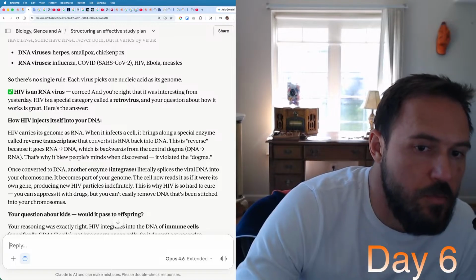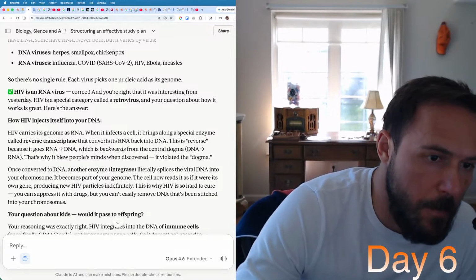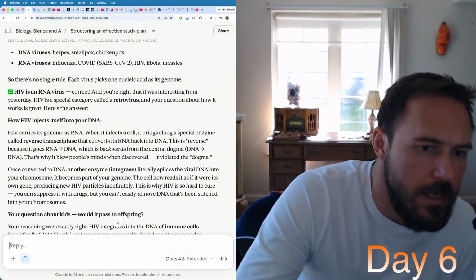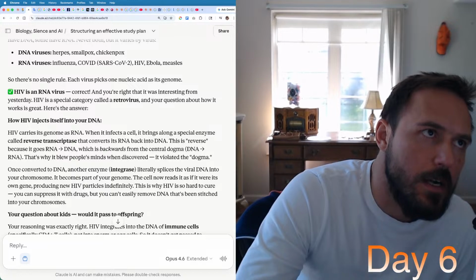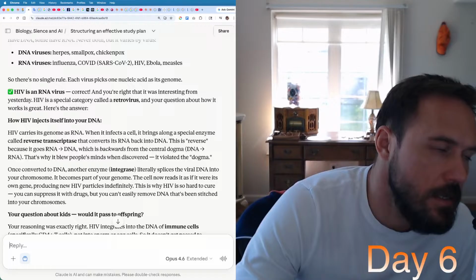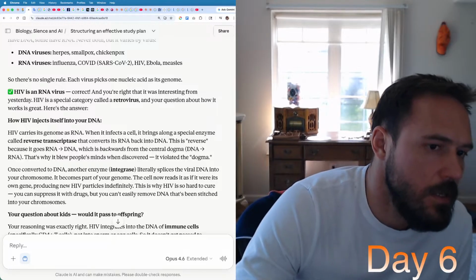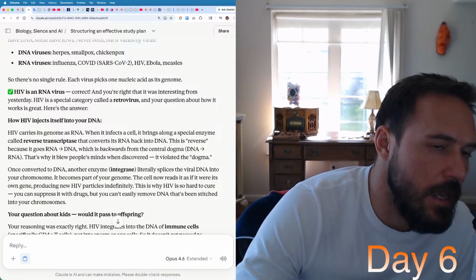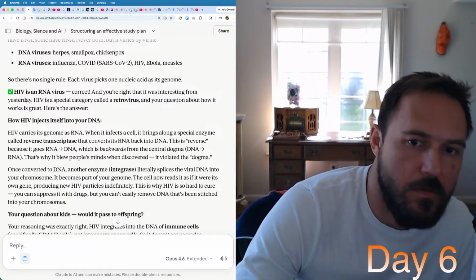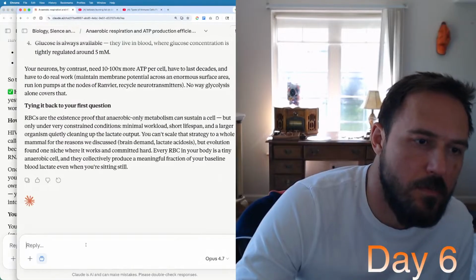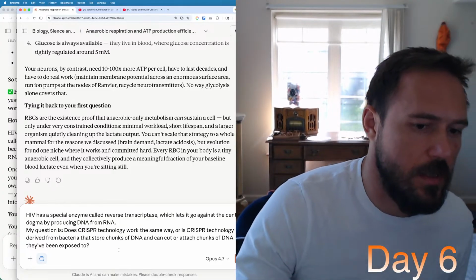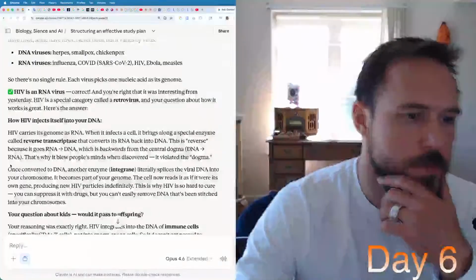So it can produce DNA from RNA. My question is, does CRISPR technology work exactly the same way, or has CRISPR technology actually been made from bacteria that store chunks of DNA and are able to cut it or attach chunks of DNA that they've been exposed to? I don't think I formed that question properly, but we'll see.